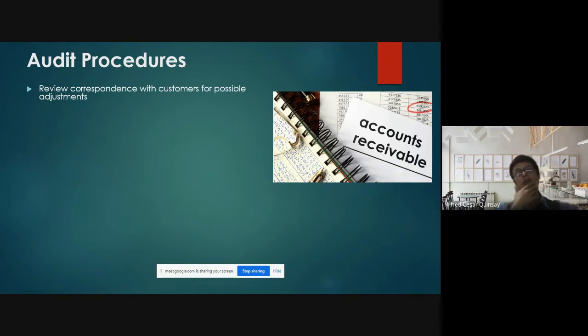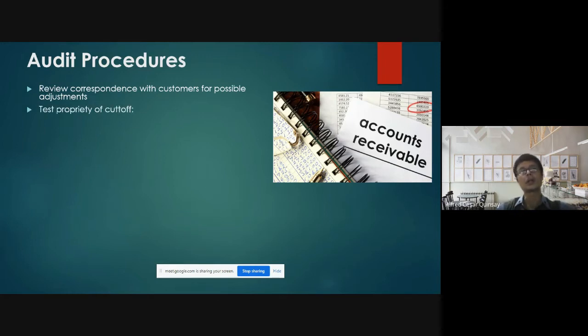In such circumstances, we might be able to determine through the correspondence with the customers the receivables that are not valid claims by the company, and there might be a possible adjustment. So this is adjusted in their financial statements.